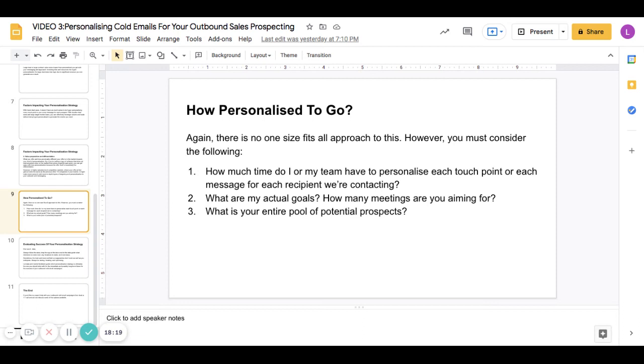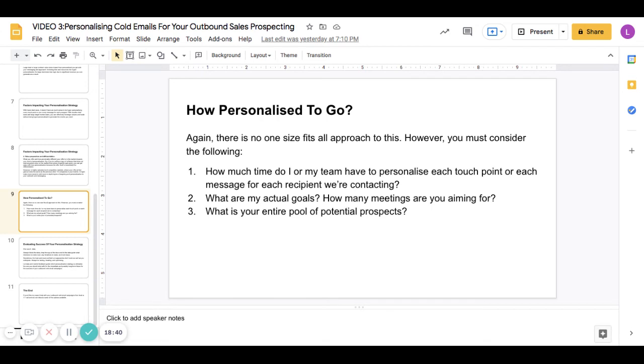But if you've got a team of SDRs, BDRs, or you're an account executive that does a bit of prospecting, you might find that you don't have as much time. So I really do believe time is an important thing to consider in addition to those factors.